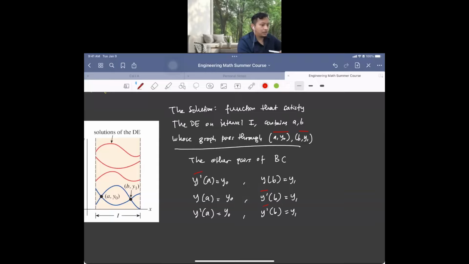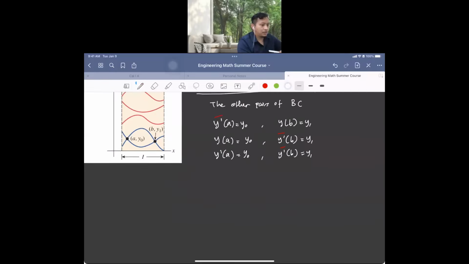And what y prime means, again, this means the slope. Of course, it goes through the same point on the graph, as we can see from the graph. So back to here, y0 and y1 are our arbitrary constants.